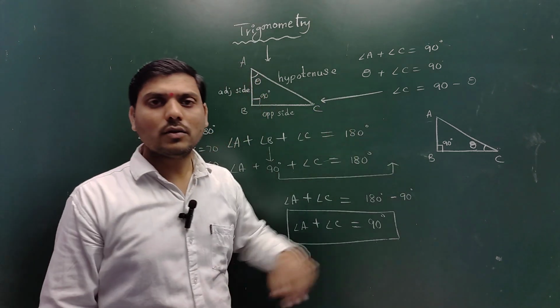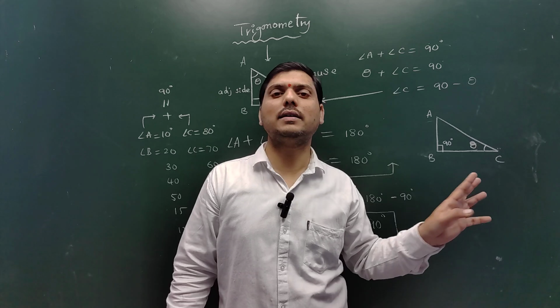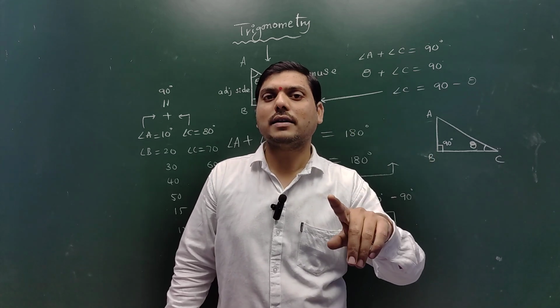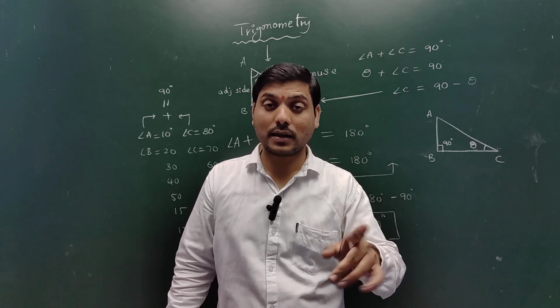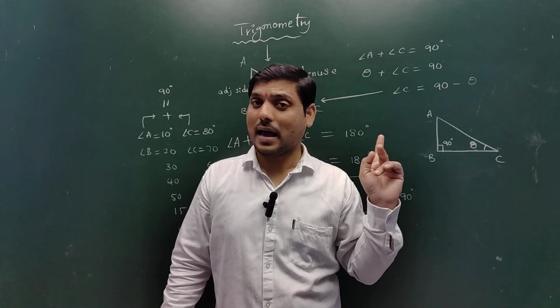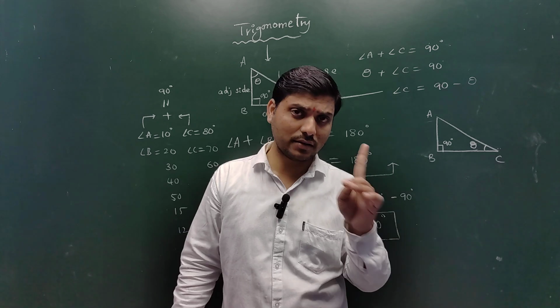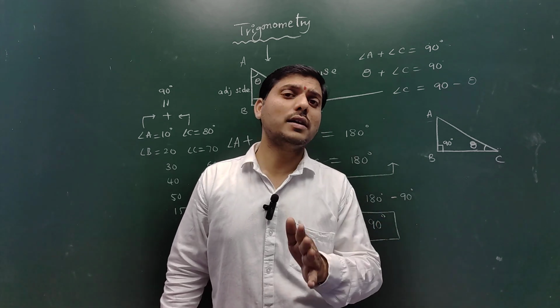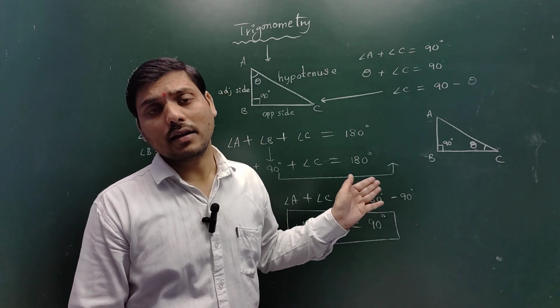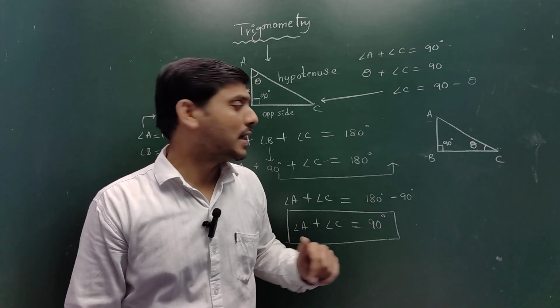Now the second case, right angle triangle ABC, same concept, but at capital A vertex I am not taking theta. The capital C vertex has theta, that is an acute angle. Angle A is also an acute angle, but the angle C is represented here as theta. Now what do you say about the right angle, hypotenuse, opposite and adjacent?